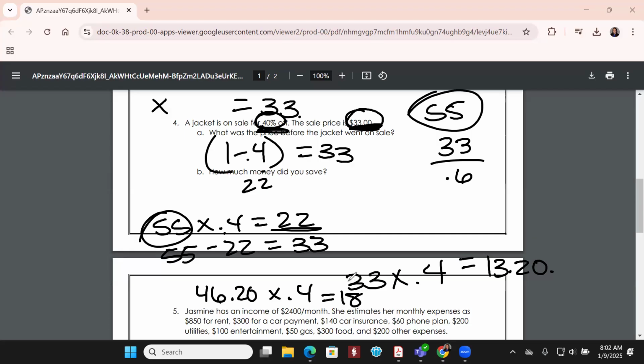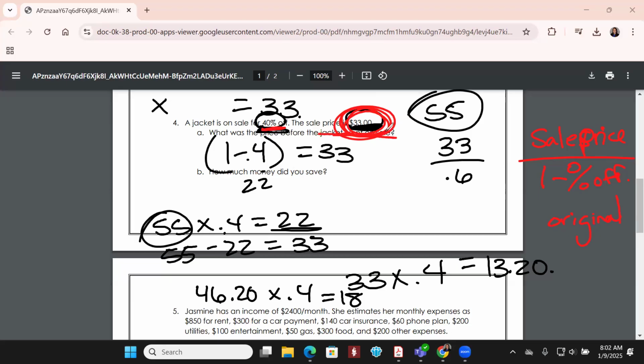Yeah. Okay, so let me summarize what you would do. If they give you the sale price, you're going to take the sale price and divide it by 1 minus whatever the percent off was. Does that make sense? And that'll get you the original. Everybody good?